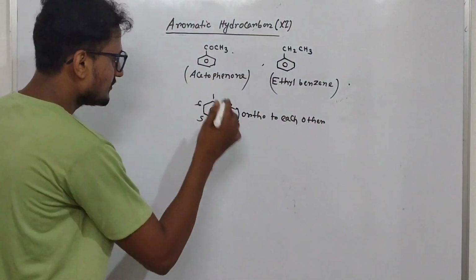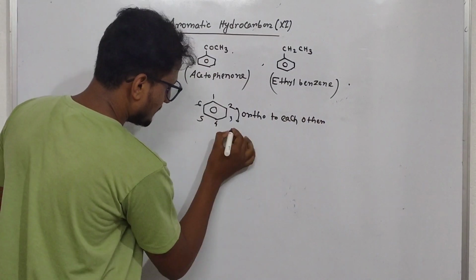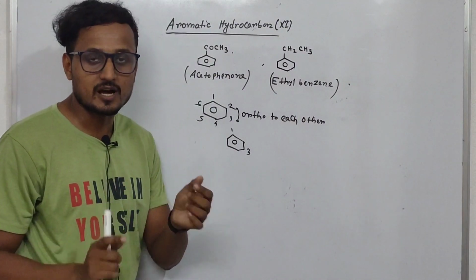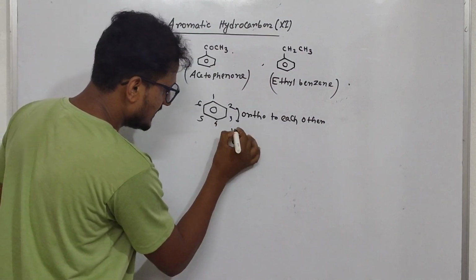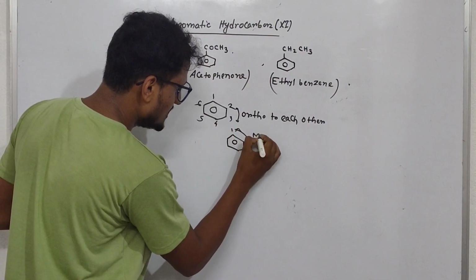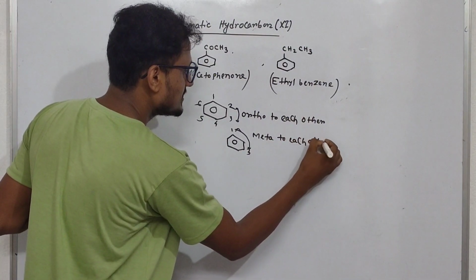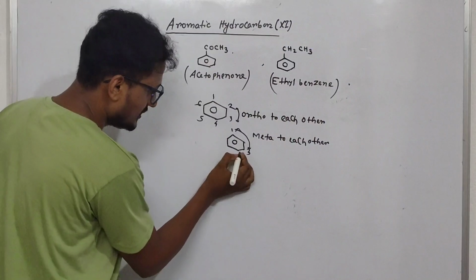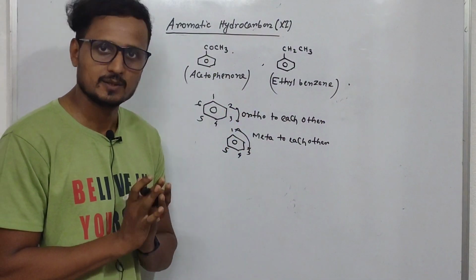Okay. Now suppose 1 and 3, the positions with one carbon gap, are meta to each other. We can say these are meta positions. We can say again 3, 5 and 1, 5 are also meta positions. Okay.